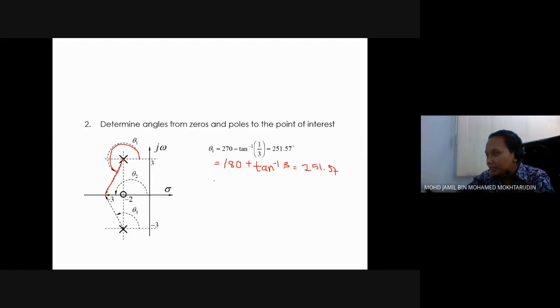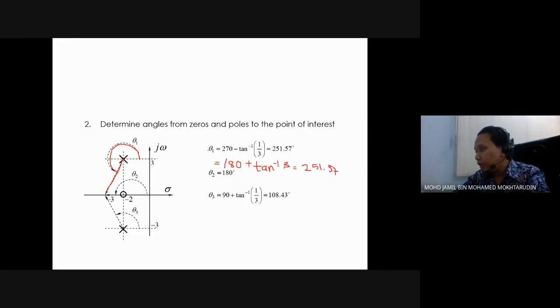Find out for yourself. And then to find θ2, you draw the line from this zero to the point of interest. It's a straight line, so θ2 is 180 degrees. To find θ3, you use the same concept, here 90 plus tan inverse of 1 over 3.